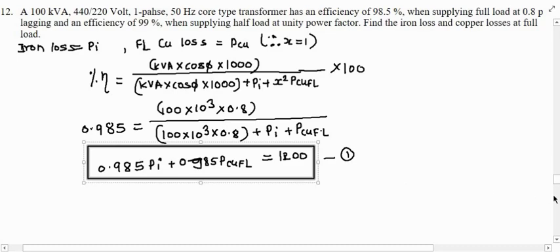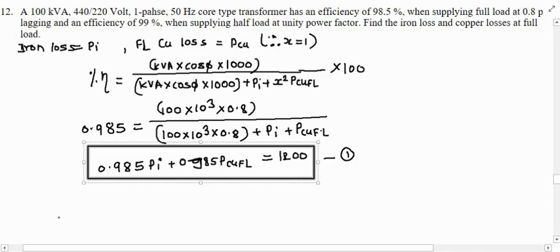Now the output of the transformer at half load. Now second, an efficiency of 99% is given when supplying half load. When the transformer is supplying the half load, the kVA at the half load is directly half of the full load kVA. So what is the kVA at the full load? 100 kVA. So what is the kVA at the half load? It is half of full load kVA.